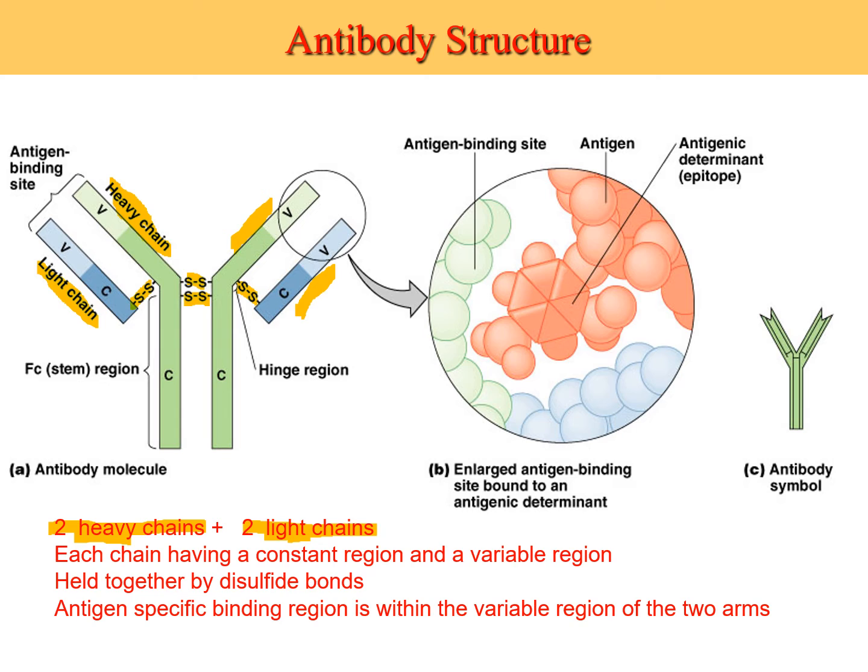And I should point out that this area of the molecule right in there is called the hinge region. And it's called the hinge region for a reason. It's like a hinge on a door. It allows it to swing. So the two arms can swing.